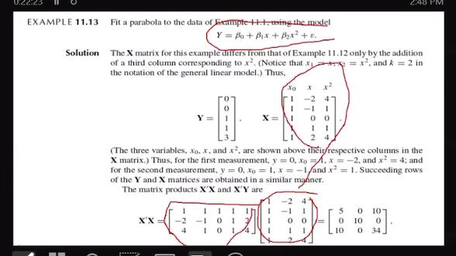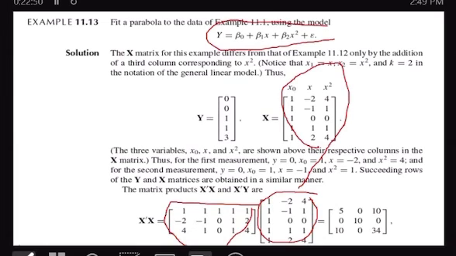If I know the design matrix X, the first one is the transpose of X because I want to do X transpose X. When I multiply, I'm actually going to allow you to use a calculator because this is going to take time if you want to do it manually. Even me, if I write the exam, it could take forever. So that's why I'm going to allow you to use a calculator. So X prime X is going to be that.